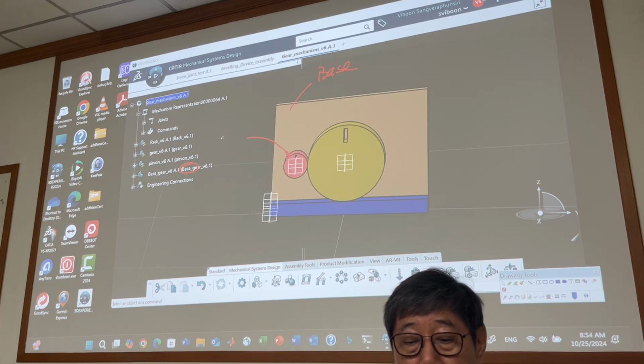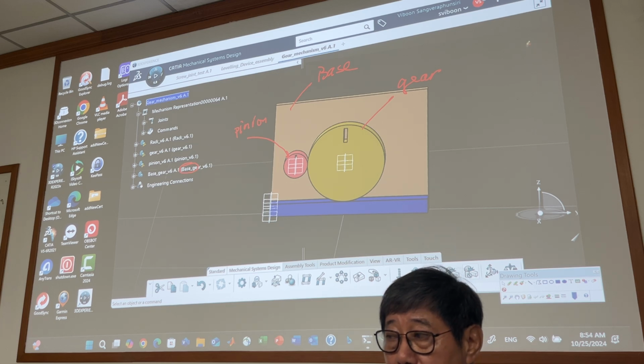Some we call pinion. In this case, pinion. This is a gear. We have a large gear and a small gear, that's possible. Small gear and large gear, possible. This one is a rack.